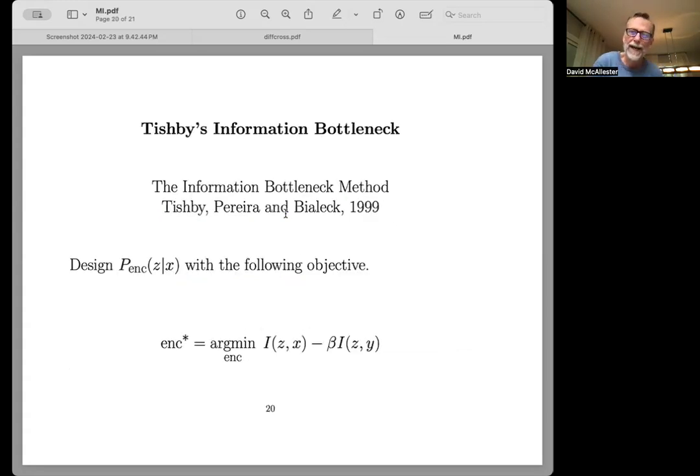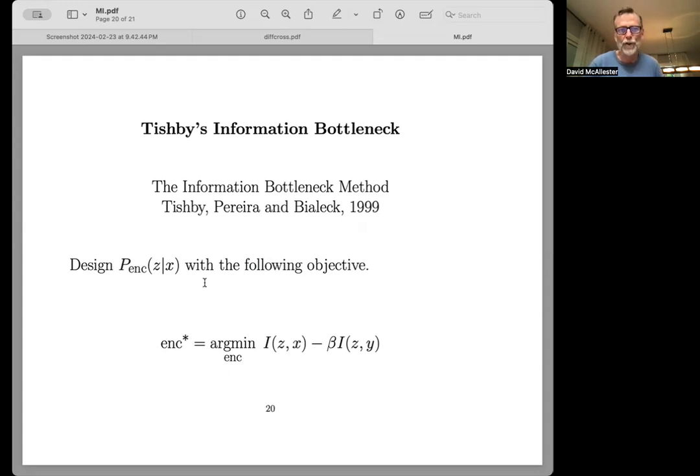So I've said this already. Now, it's worth pointing out that there's a very old paper, I don't know, 25 years old, that was pushed by Naftali Tishby, on something called the information bottleneck. So if you want to look for the real source of mutual information objective functions in learning, it goes back to Tishby's information bottleneck. Here you want to design an encoder that's going to take some input.